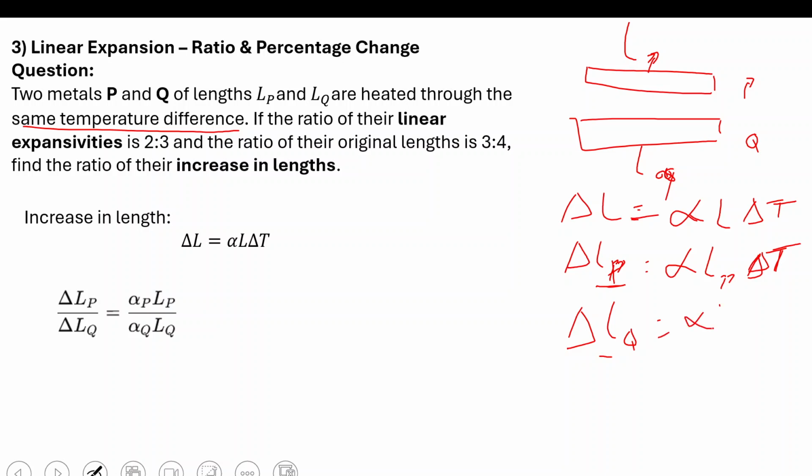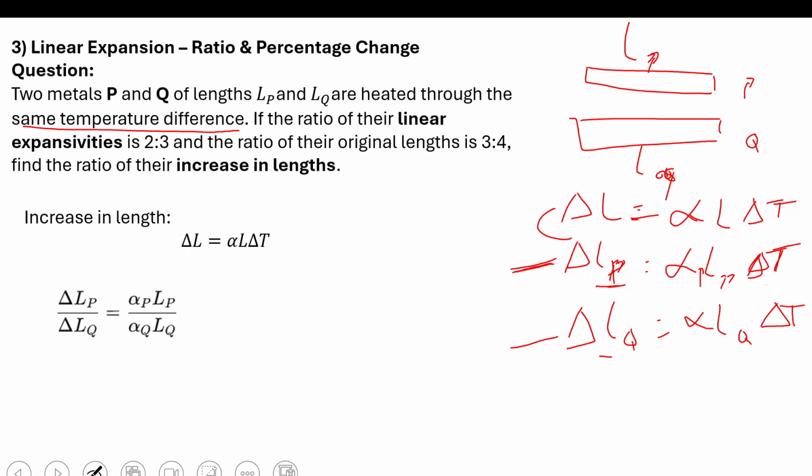So the same formula is here, but the lengths are actually different. There are two different lengths, but the temperature change is the same. So I'm writing this one formula for two different instances. For P, the formula is coming from the general formula. Just that when you see L, it is LP, and the linear expansivity is for P because P is a different material.